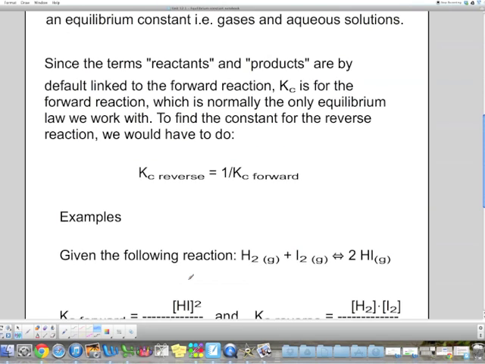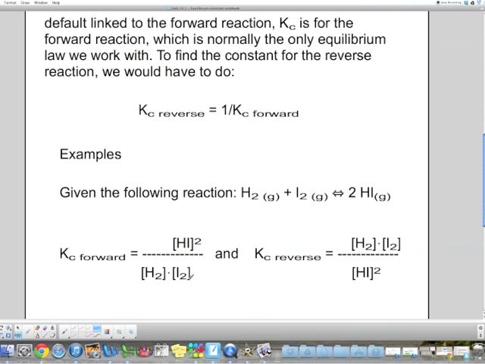You have another example here with actual substances. I have H2 plus I2 gives me 2HI. For the forward reaction, I'm going to have products squared, so HI squared because of the coefficient here, over concentration of H2 times concentration of I2. And for the reverse reaction, I would have the opposite fraction: H2 times I2 over HI squared.